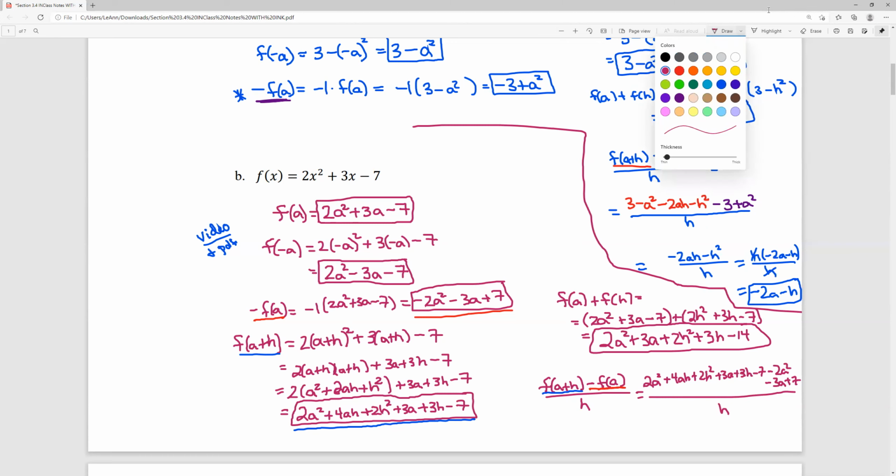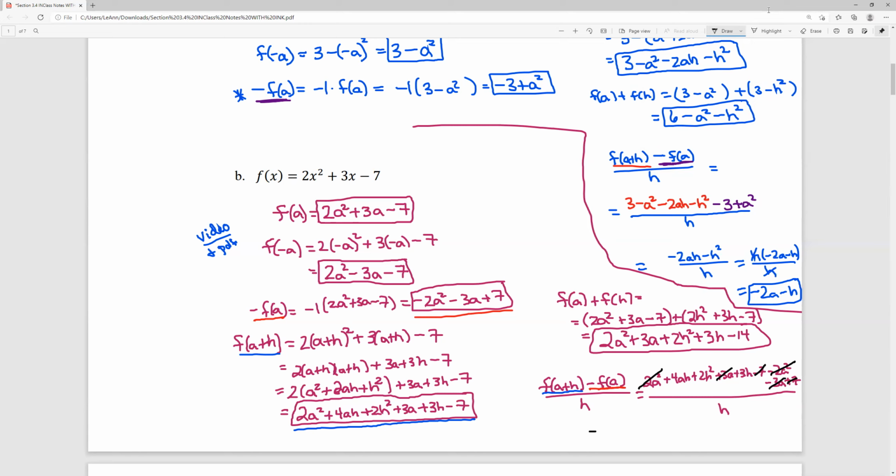Okay, if we find any common factors, we can cancel those out on top because they would be like terms that cancel each other out. So the 2a squared and the negative 2a squared, the 3a and the negative 3a, and the negative 7 and the 7. That leaves us with 4ah plus 2h squared plus 3h all over h.